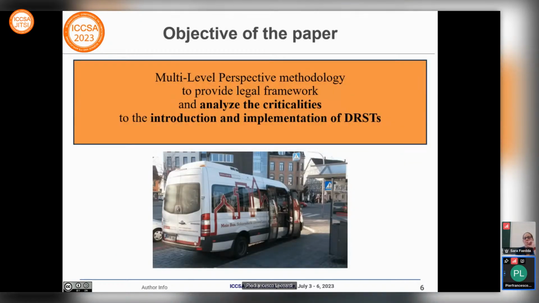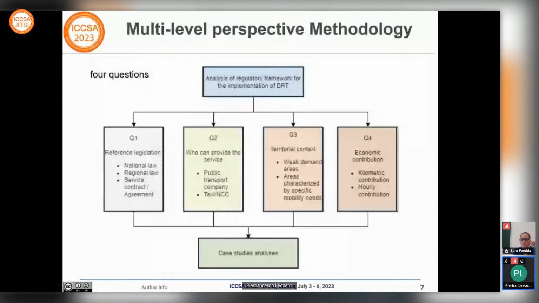Therefore, this paper proposes a multi-level perspective methodology in order to provide a legal analysis of the issues linked to the introduction and the implementation of DRTS, mainly due to regulatory shortcomings.